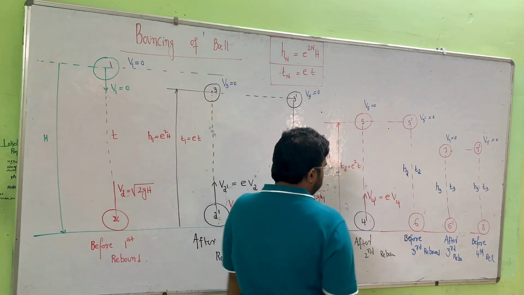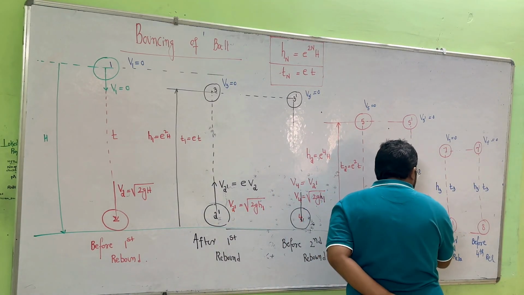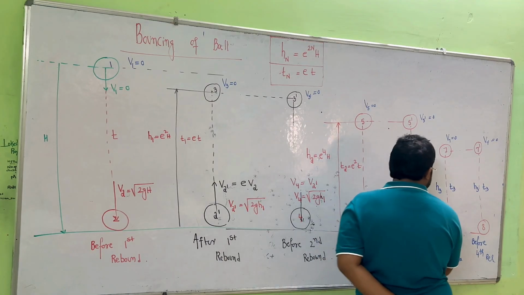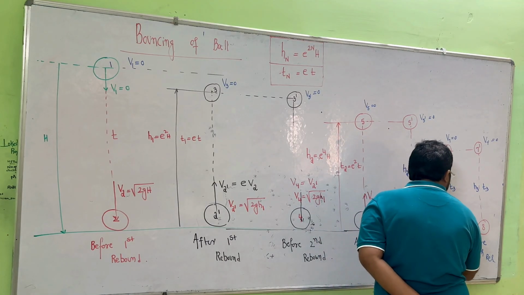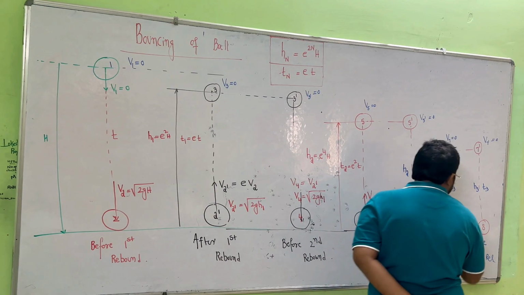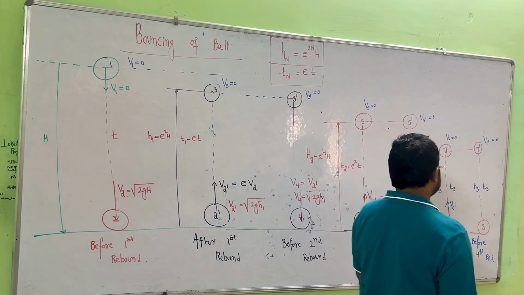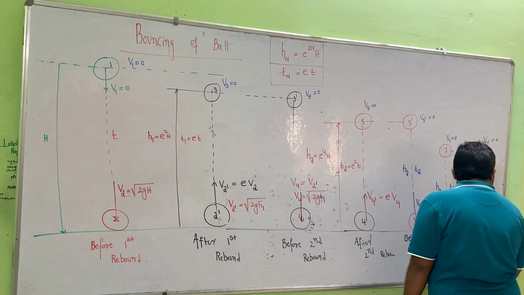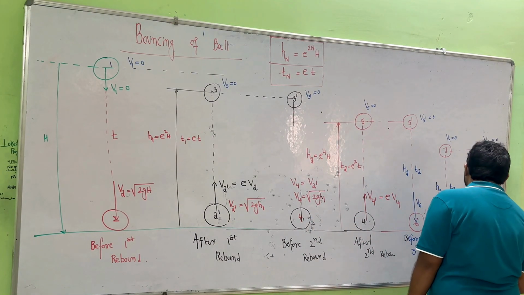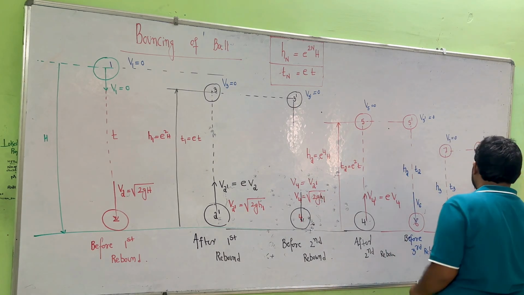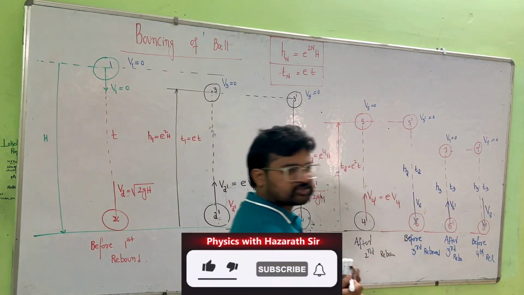Clear? Before third rebound, this is V6. After, this is V6 dash. Next, it will come up to here. This is V8. Understood or not?